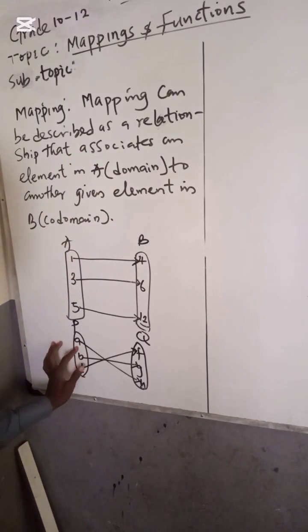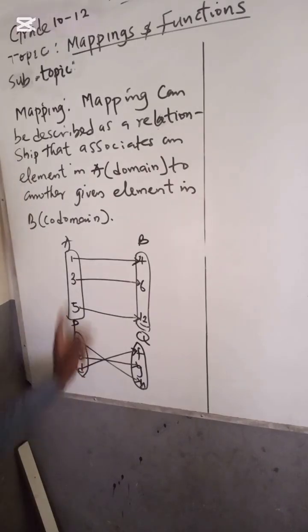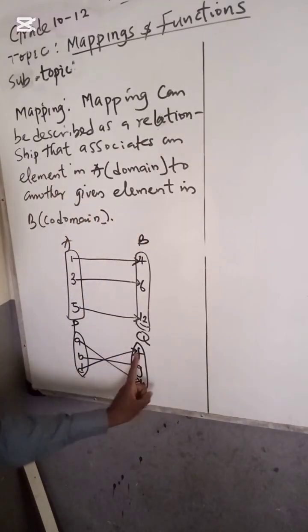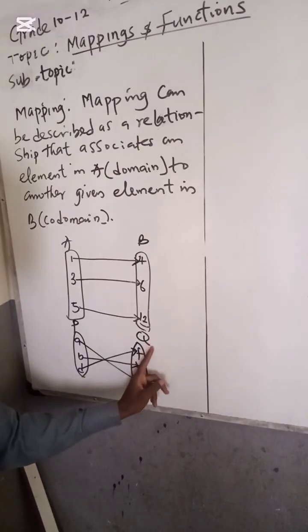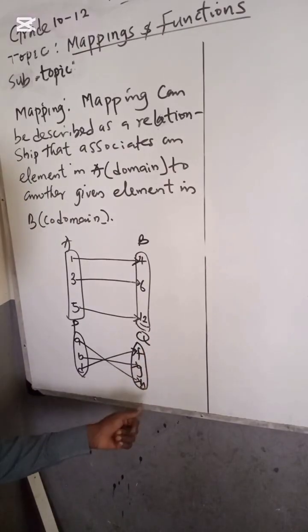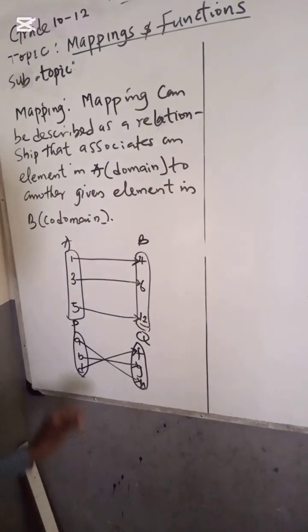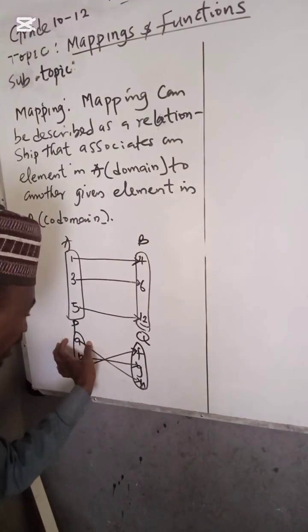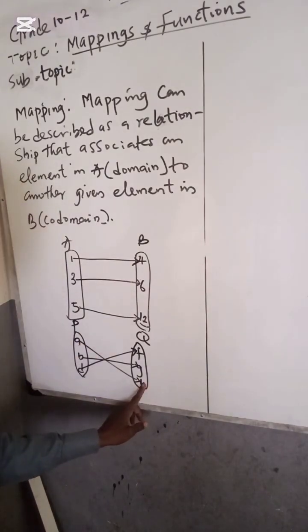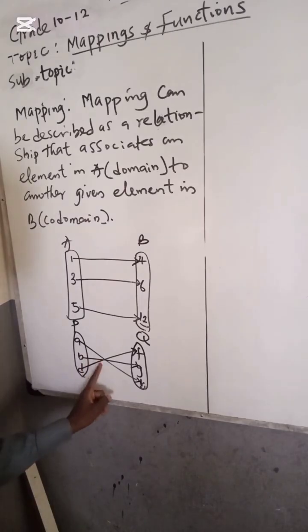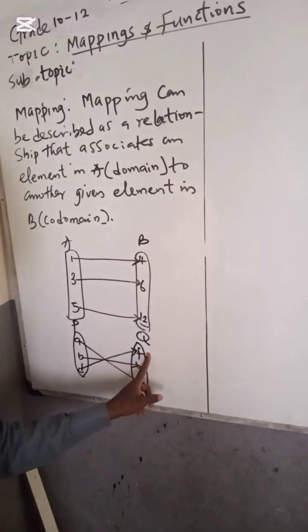You can see domain A, B, D is associated to the elements in set Q, which is the codomain F, G, H. Each of them has an element that is linked to. So it means the input A has an output H. Input B has an output G. And input D has an output F.